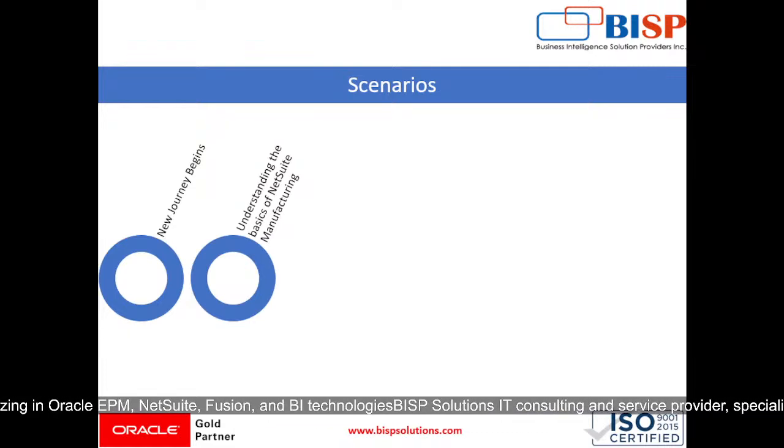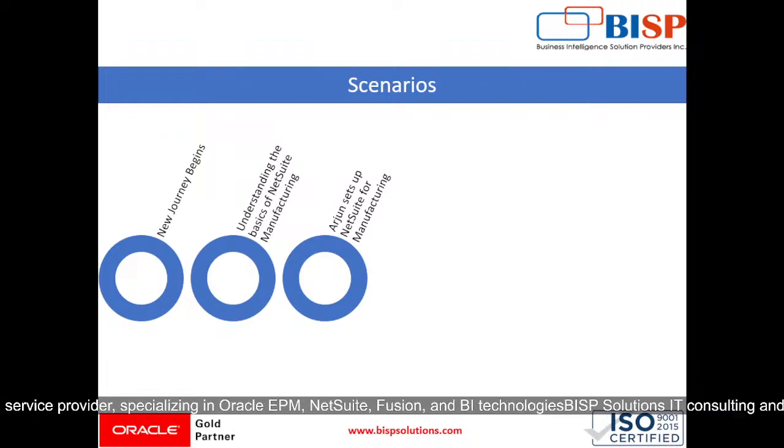Arjun learned that NetSuite's manufacturing module helps companies track raw materials and finished goods, create and manage work orders for production, monitor inventory movement during the manufacturing process, and control costs by tracking labor, machine time and overheads. His first task was to enable manufacturing features in NetSuite.